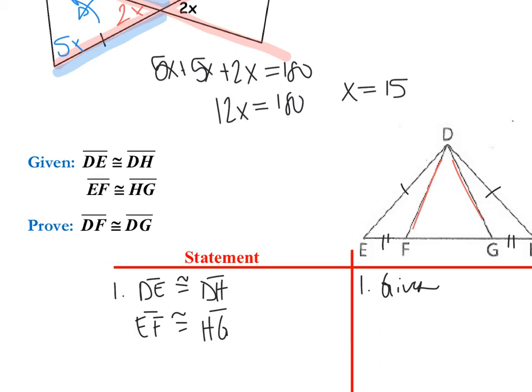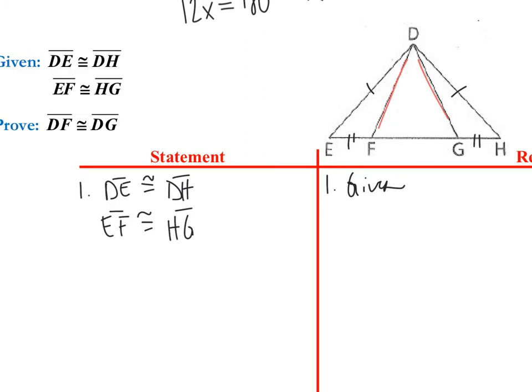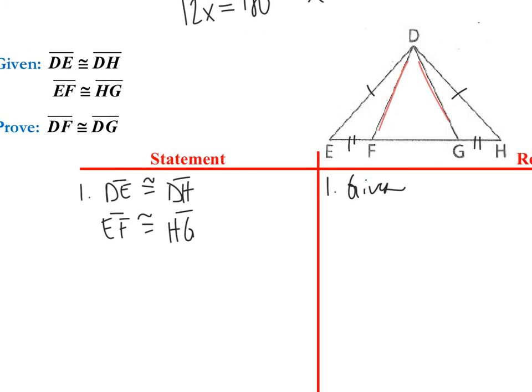Okay, so first of all, remember that this whole chapter is about proving triangles congruent, so we should probably aim for that. So we need to prove that these two triangles, DEF and DHG, are congruent, because if we can prove that, then we can say these two sides are congruent because of CPCTC.